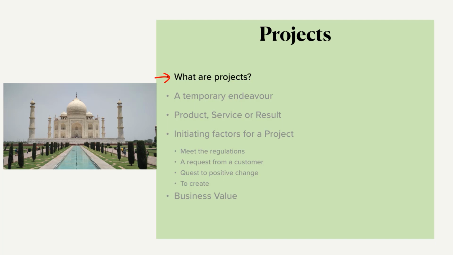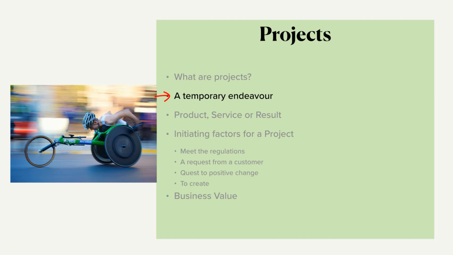After the end date, the product or the result or the service that is coming out of this is going to be the result of that project, a temporary endeavor. As I said, the Taj Mahal was a project while it was being built. But once the building is erect, it is known as a product. It's not a project anymore. So what do we learn here? We call an activity a project only if it has a definite start and a definite end result to it.